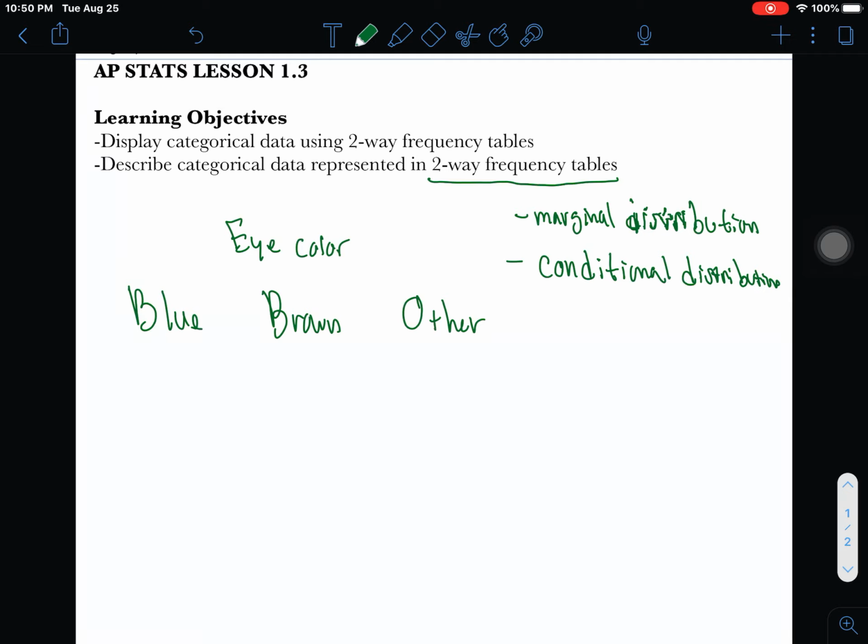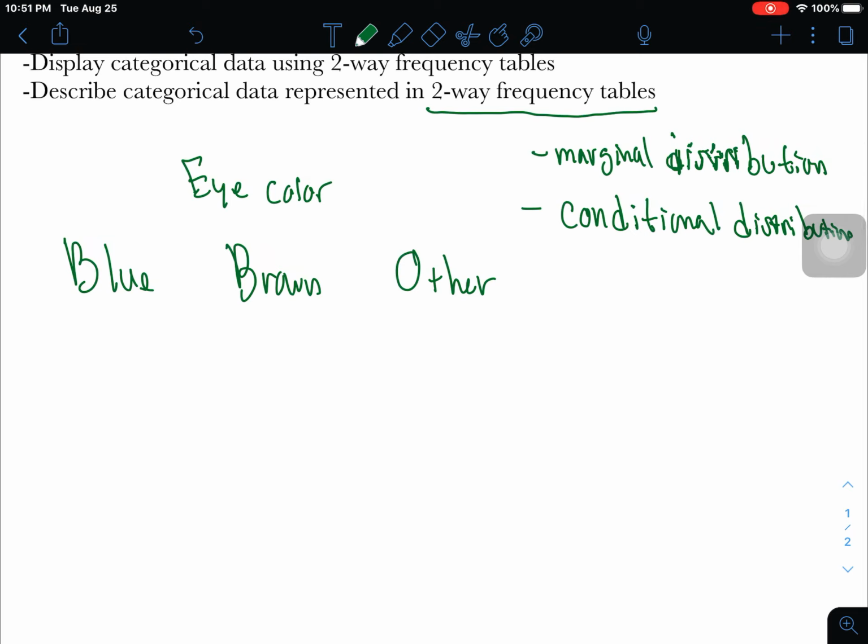But I could also break this down further. If I was just talking about students in my class, I could also ask a second categorical question. For example, what is your sex? Is it male or female? So I can add a... I didn't give myself much space here. Let me erase that.